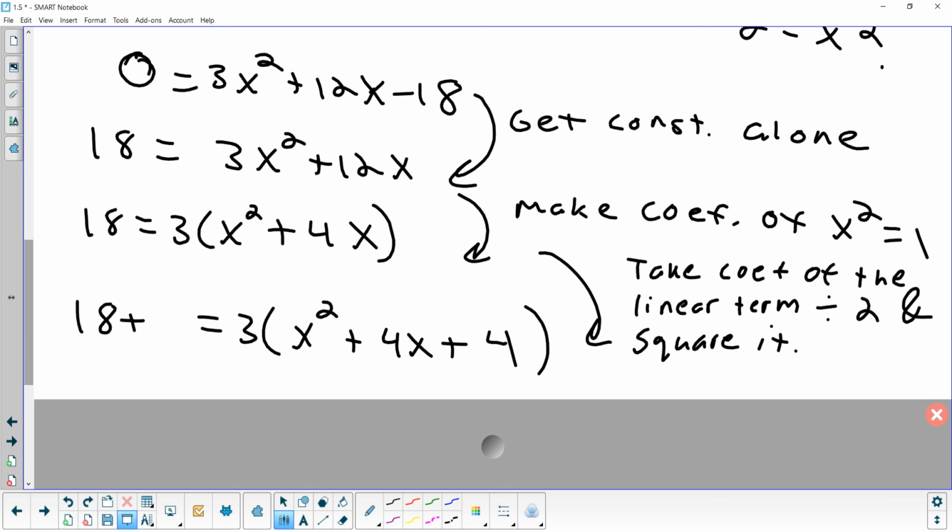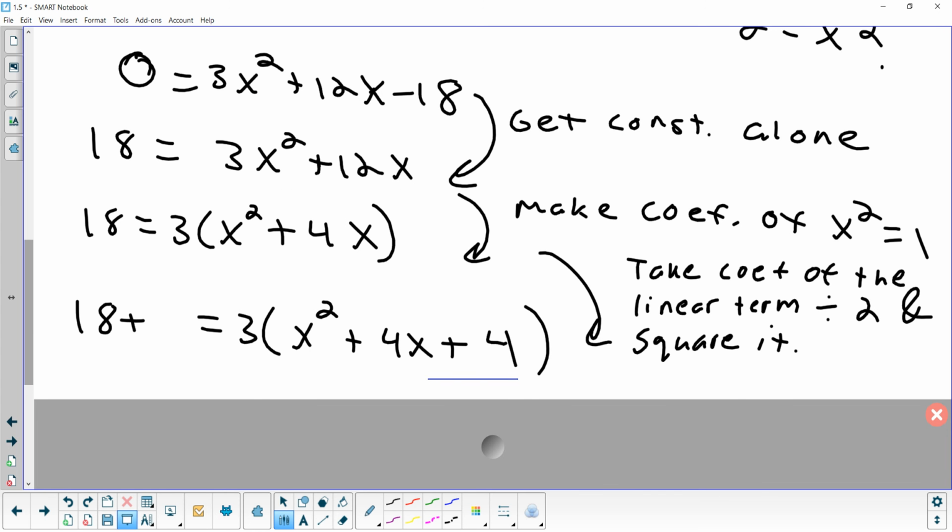Now, whatever I just added on the right, I have to add on the left. What did I just add on the right? 4. Nope. Oh, 12. This is the part that can trip people up when you have a number in front of the x squared, because you have to factor that out.